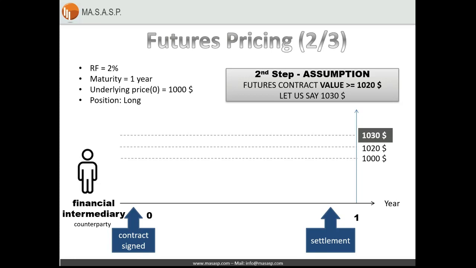Let's now switch the focus from the trader, reported in the previous slide, to the financial intermediary, let's say the counterparty of the futures contract in question. He is subject to the obligation to deliver the underlying at year 1 when settlement occurs.